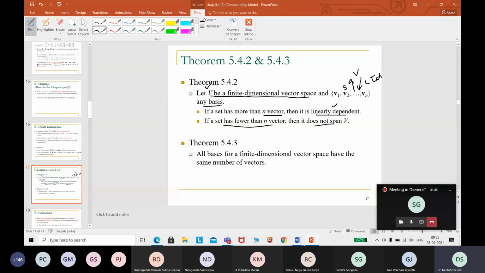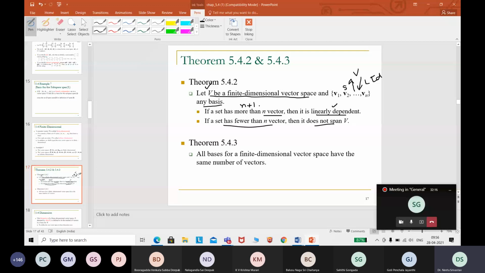Suppose I have a set with n plus 1 vectors. We have to write that particular vector as a linear combination of these. Here you have only n vectors, and there you have n plus 1 components.